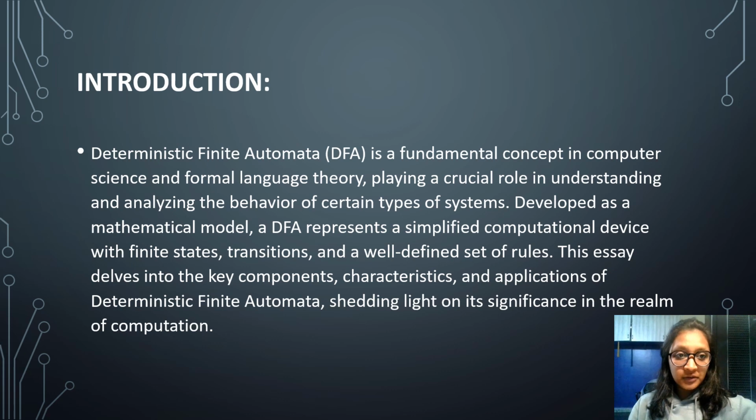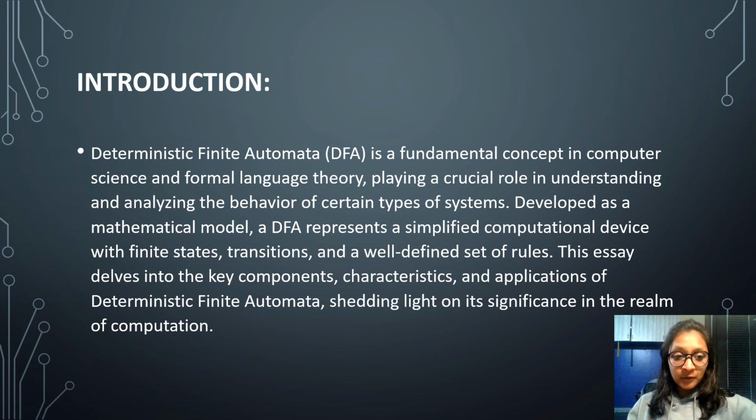Now let us see the introduction about deterministic finite automata. Deterministic finite automata, also known as DFA, is a fundamental concept in computer science and formal language theory, playing a crucial role in understanding and analyzing the behavior of certain types of systems. Developed as a mathematical model, a DFA represents a simplified computational device with finite states, transitions, and a well-defined set of rules.